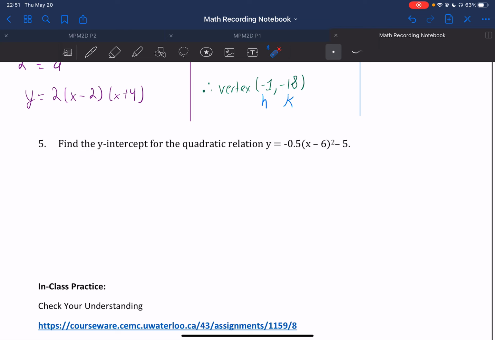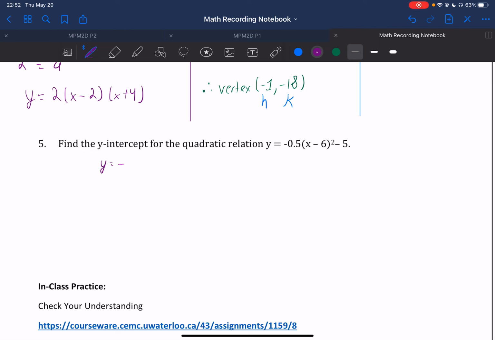Our standard form, however, tells us what our y-intercept is in that c value. So what we're wanting to do here is expand our vertex form into standard form in order to find what our y-intercept is. So let's start that.